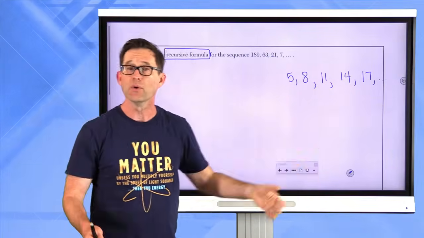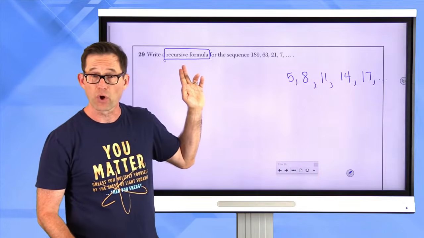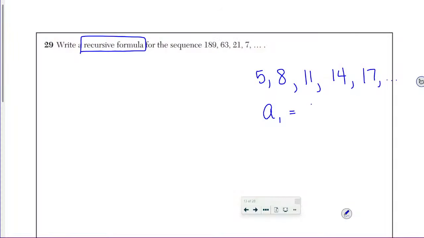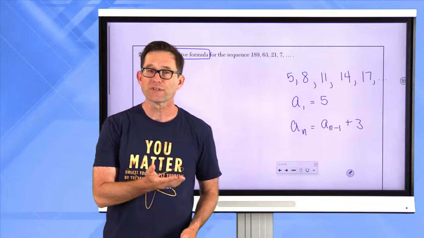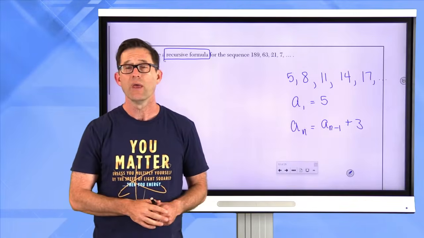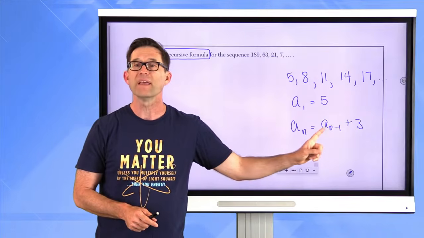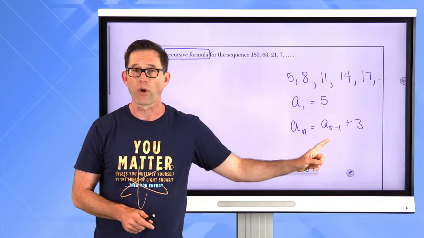So if I wanted to define this with a recursive formula, I would say, well, my first value is 5. And then every value is the one previous to it plus 3. That would be my recursive formula here, right? Because it's telling me how I calculate a particular term based on a term that came before it.